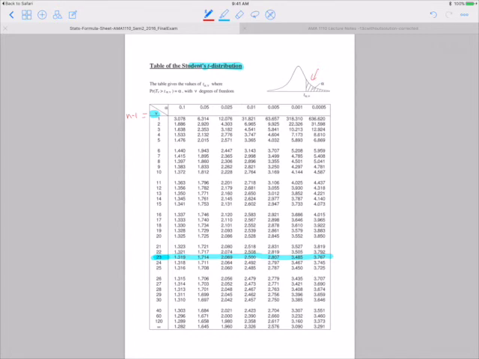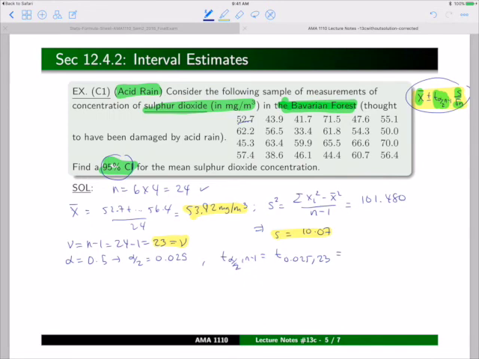Remember, alpha over 2 is 0.025, so we go down here and look at the intersection, which is 2.069. Therefore, the t alpha over 2, n minus 1 here is 2.069.